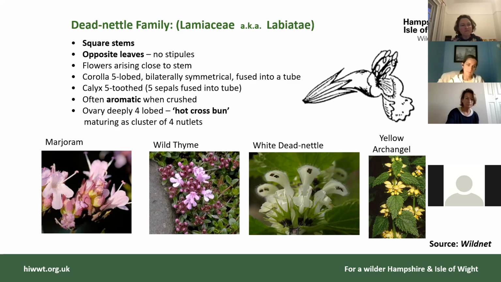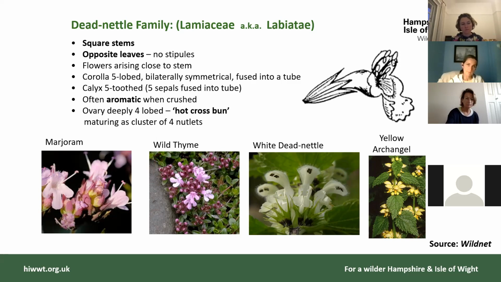So these are quite interesting characteristics that you'll start to maybe see plants and think, oh, that kind of looks a bit like the dead nettle family. And then you can have a look more closely if you wanted to, and you'd see things like, it says on my list here, the corolla, which basically just means all of the petals together. The corolla is 5-lobed.